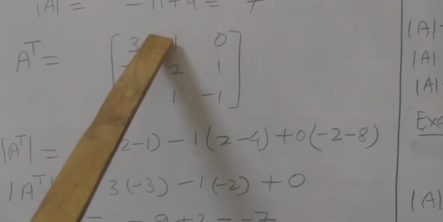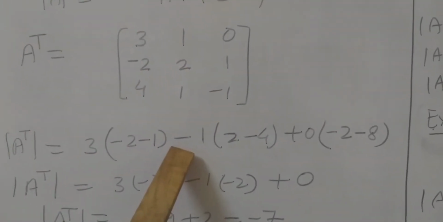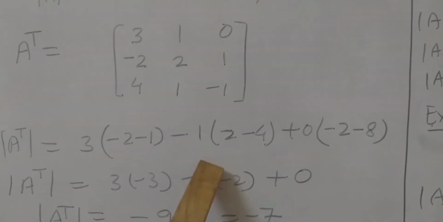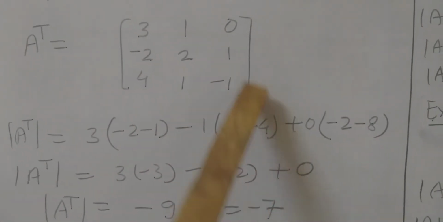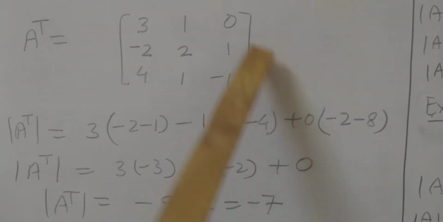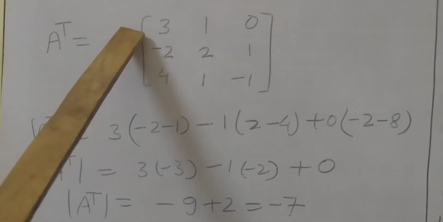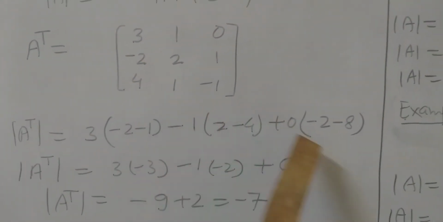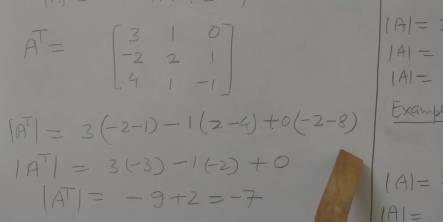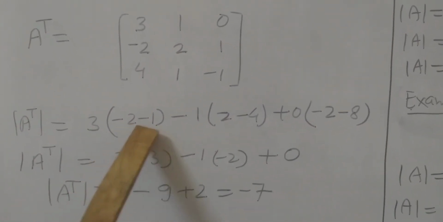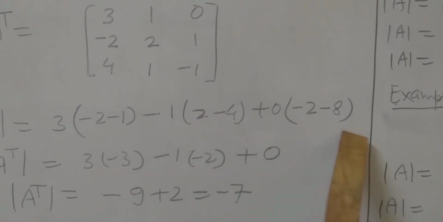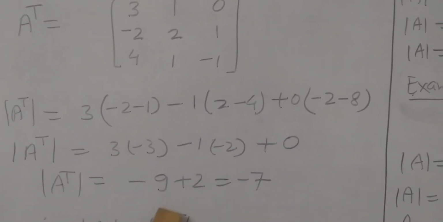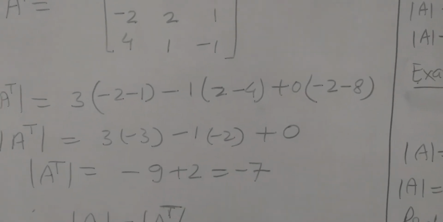Then it is A12, that's why we have to put a minus sign: minus 1, delete its column and row, multiply 2, minus 4, plus 0, delete its rows and columns, minus 2, minus 8. So 3 multiplied by minus 3, minus 1 multiplied by minus 2, plus 0: minus 9 plus 2, minus 7.